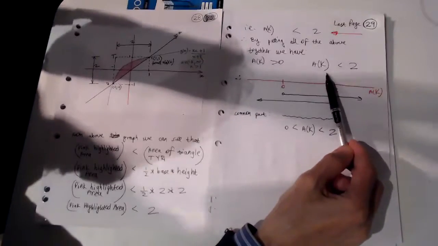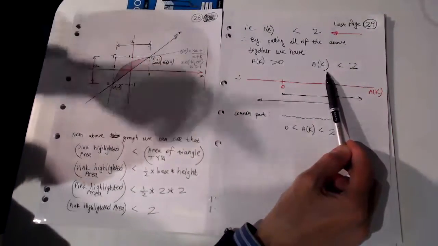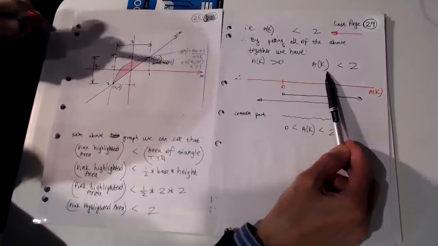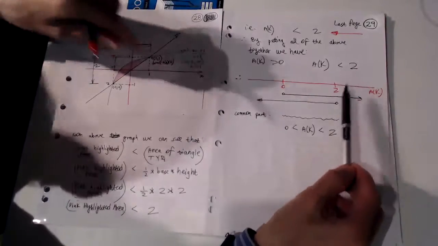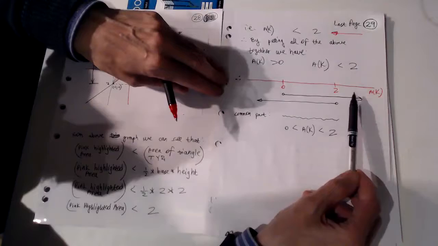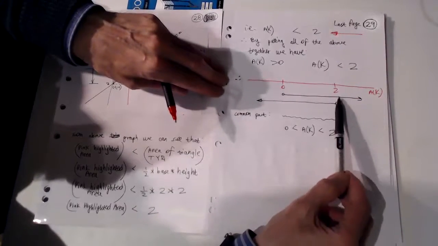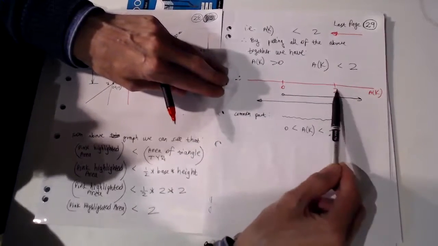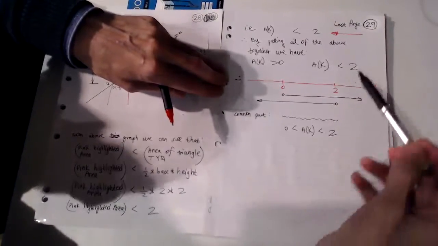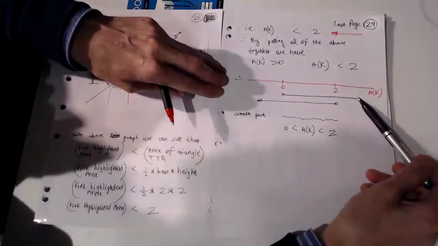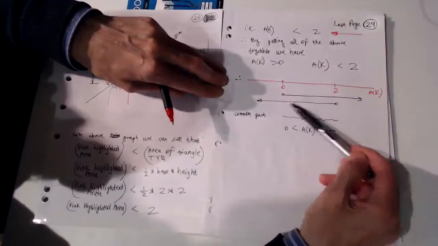And we have also just shown that the area K, the pink shaded area, will always be less than 2, which on this AK number line is all this region here. So what's the common area between the top layer and the bottom layer?